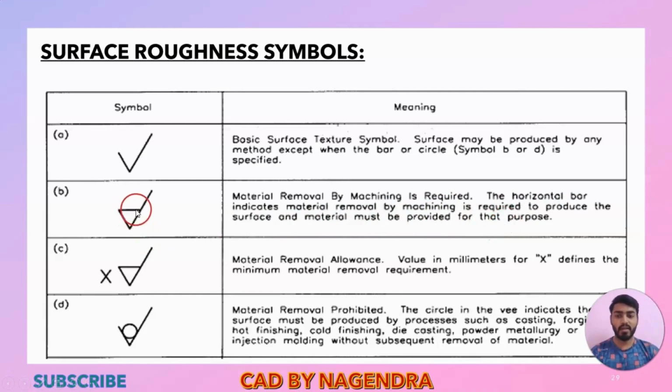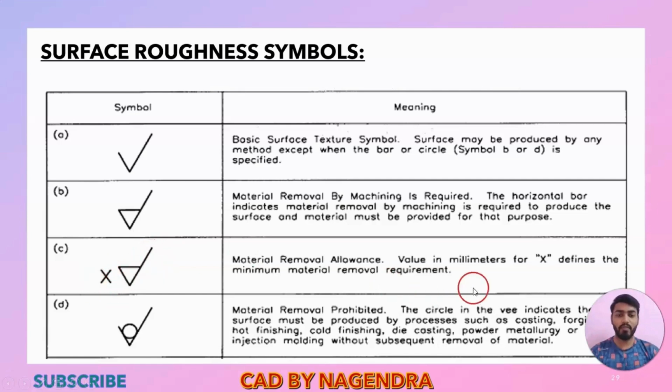If we are having this horizontal line here, then machining should be done and we need to maintain proper surface roughness on that particular surface. Then if they have mentioned this symbol, the material removal allowance value in millimeter for X defines the minimum material removal requirement. Similar to this, here also we need to remove material by machining.